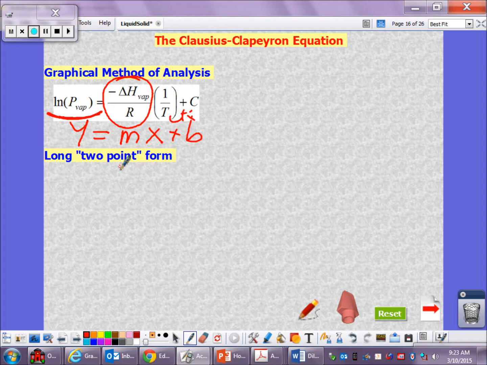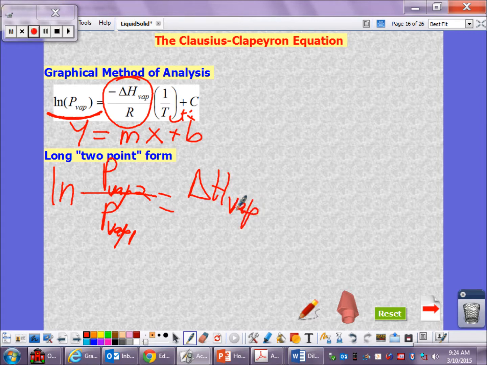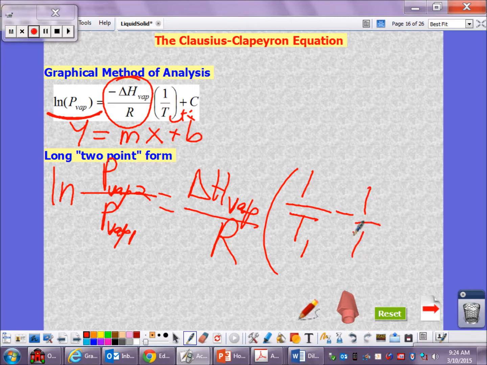The two-point form is the natural log of vapor pressure 2 over vapor pressure 1 equals, and since I don't like to deal with fractions, let's leave this positive, delta H of vaporization over R times 1 over T1 minus 1 over T2.